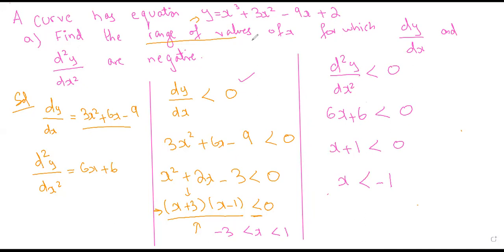Now, what exactly was the question? Find the range of values of x for which this and this are negative. So we need to find a common range and then talk about the answer. So I'll make a number line. This is minus 3, 0. This is 1. This is minus 1.